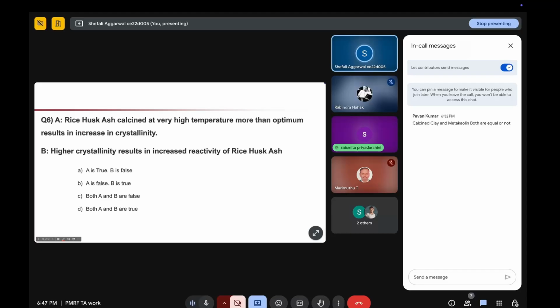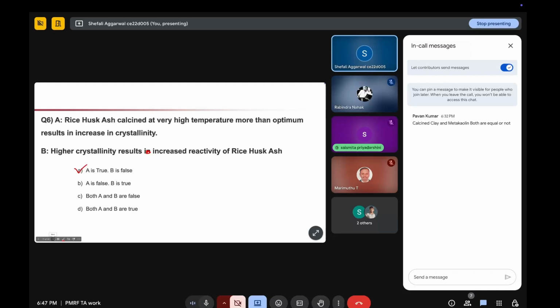Next question is, A: rice husk ash calcined at very high temperature, more than optimum, results in increase in crystallinity. B: higher crystallinity results in increased reactivity of rice husk ash. A is true, B is false. A is false, B is true. Both A and B are false. Both A and B are true. A, okay.